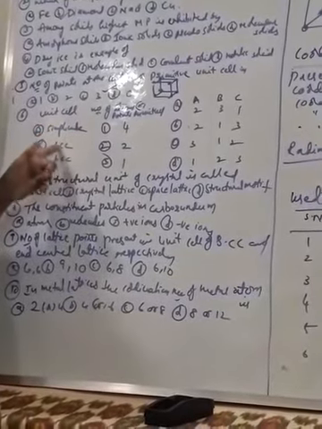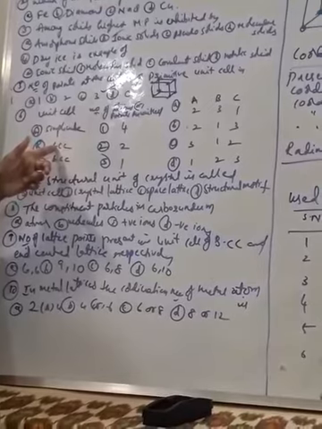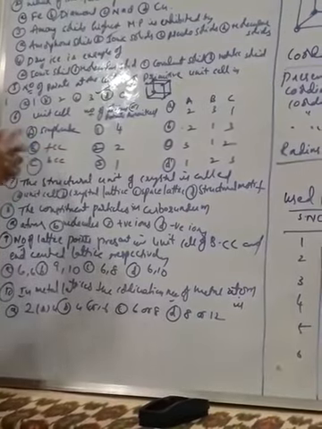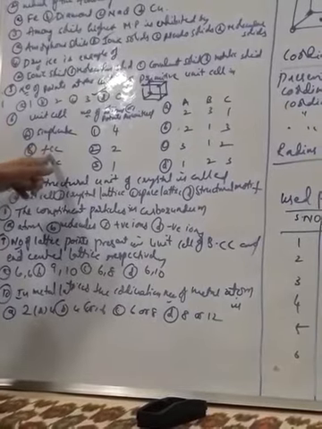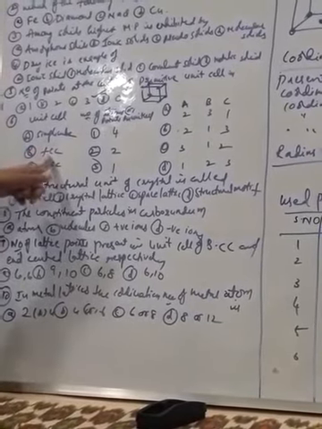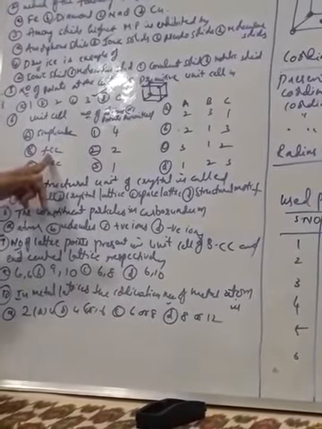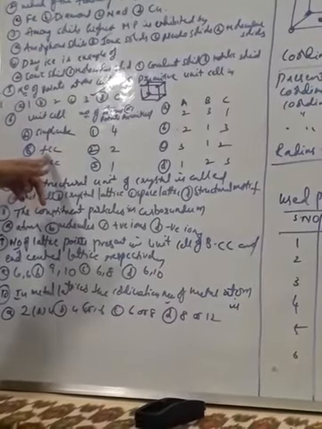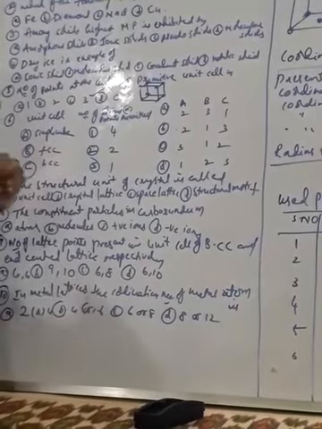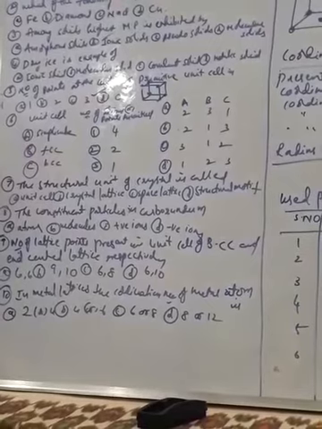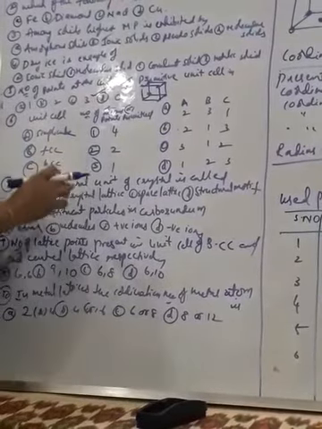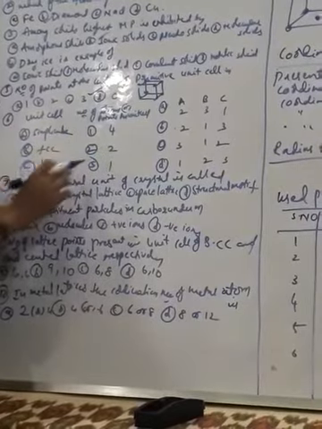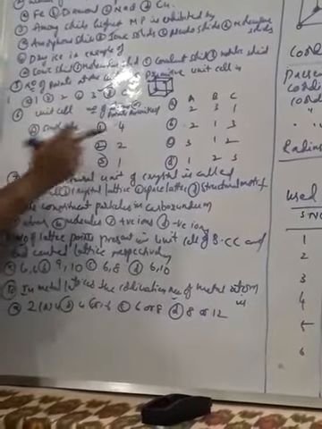So the simple cube is 1. And FCC contains 8 corner points and also 6 face centered points. Out of 8 corner points, 1 corner point belongs to this unit cell. And out of 6 face centered points, only 3 belong to this particular unit cell. Why? Because each face centered point is shared by 2 unit cells. So the total number of points per unit cell is 1 plus 3, so 4. So FCC has 4 points.